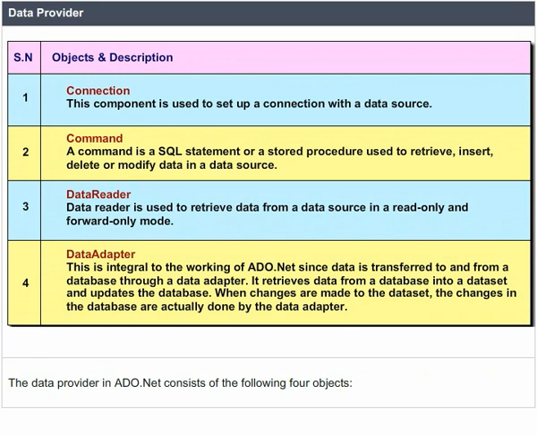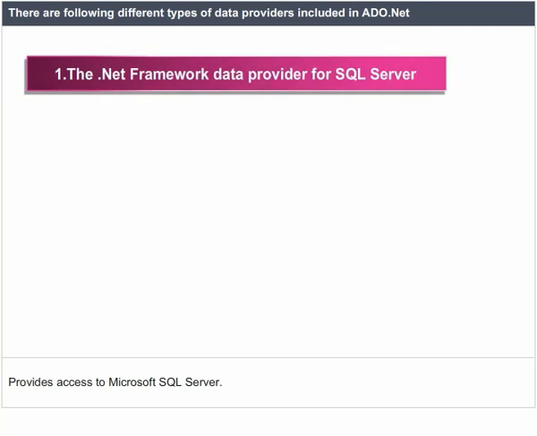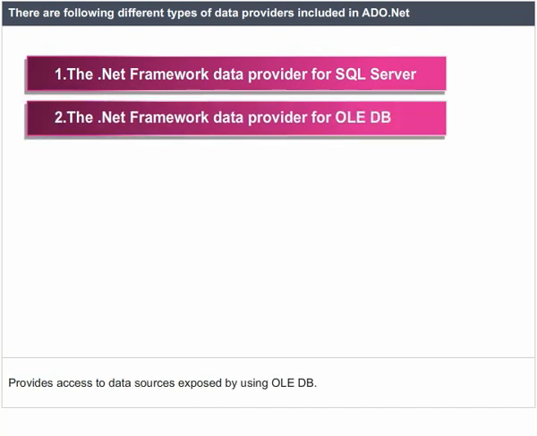There are following different types of data providers included in ADO.net. The .NET Framework Data Provider for SQL Server provides access to Microsoft SQL Server. The .NET Framework Data Provider for OLEDB provides access to data sources exposed by using OLEDB.